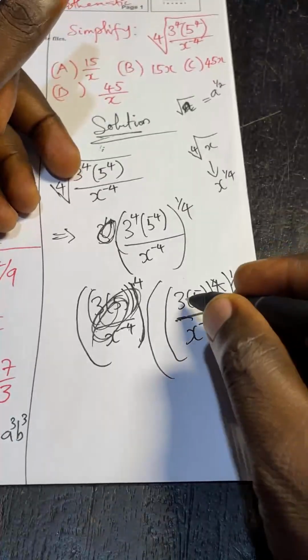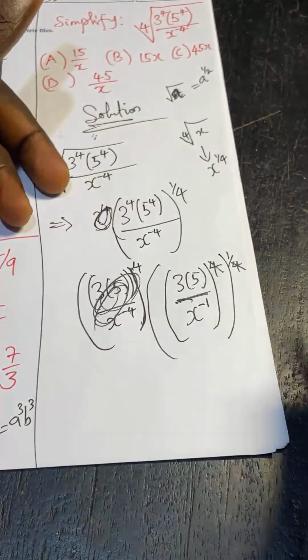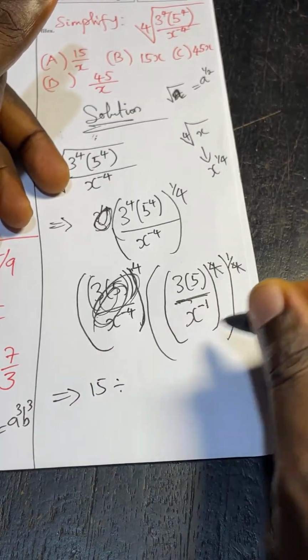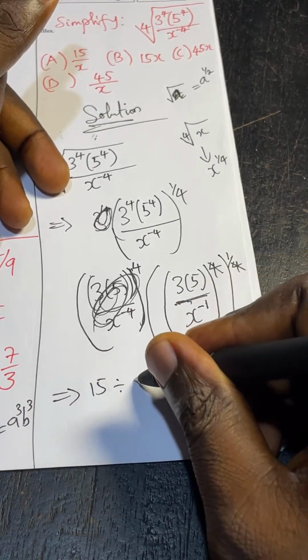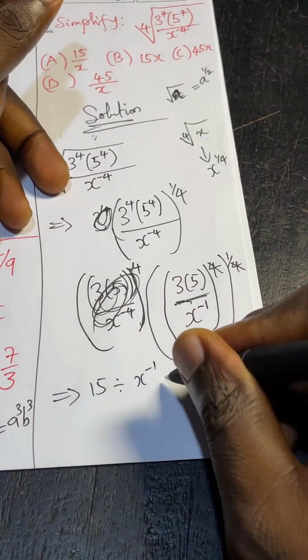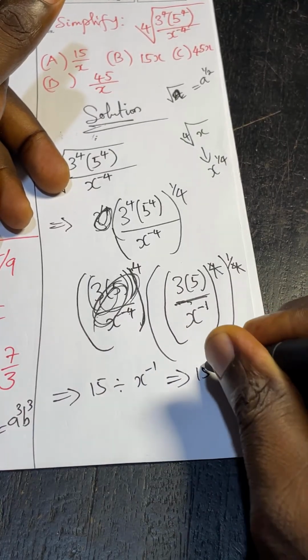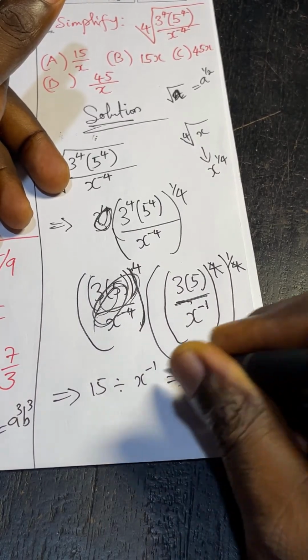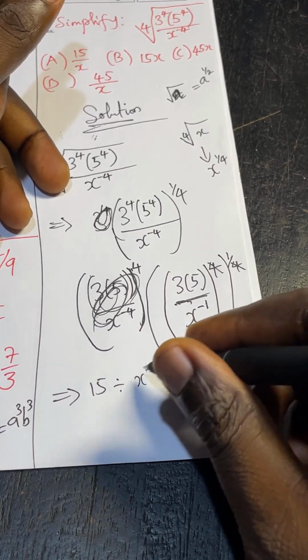At the end, 3 times 5 is 15. So you have 15 divided by, let me use this division as this, x power minus 1, which will be the same thing as 15 divided by 1 over x, because x power minus 1, that is reciprocal rule.